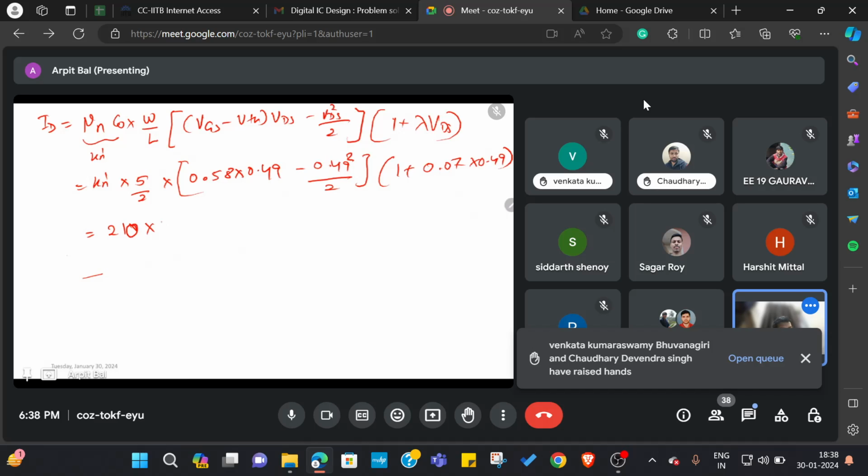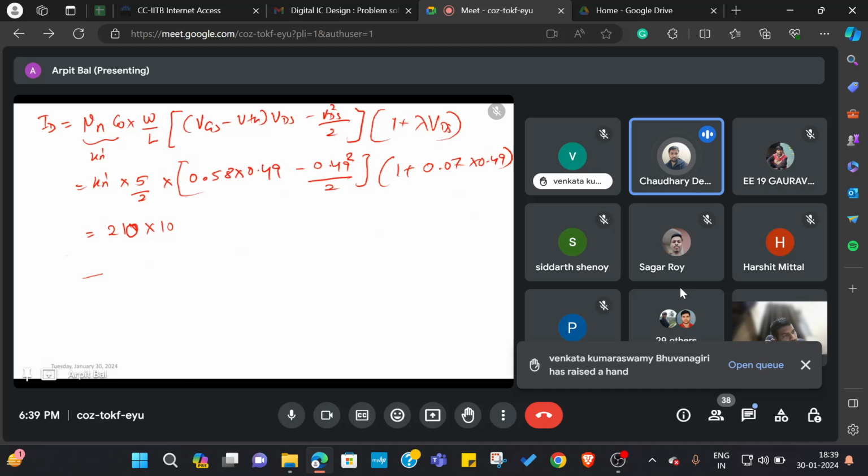Someone raised their hand. Devendra, you have a question? Yes, sir. In this we are using the linear region. Is it possible to use the 1 plus lambda channel length modulation in the saturation region only?